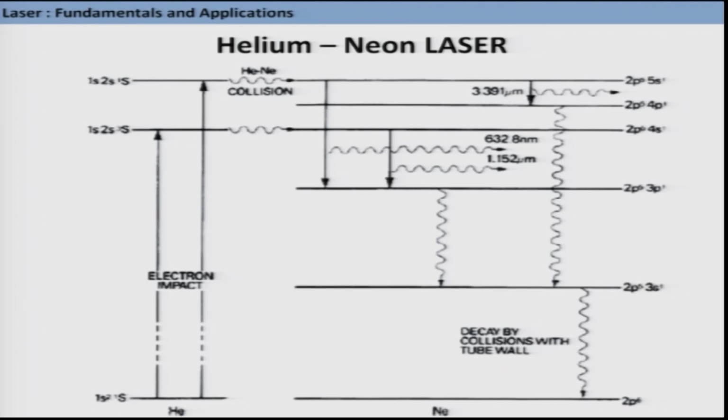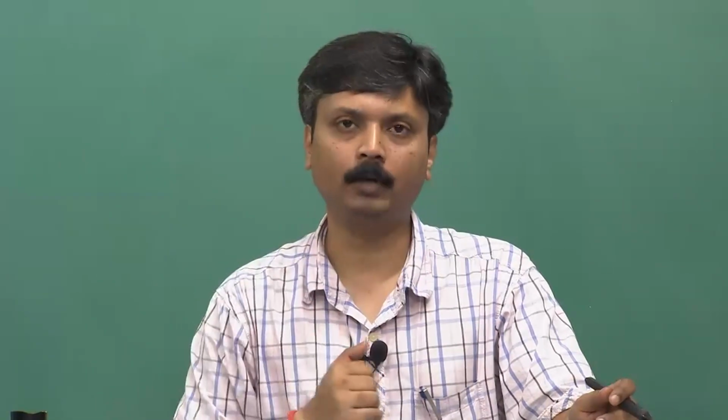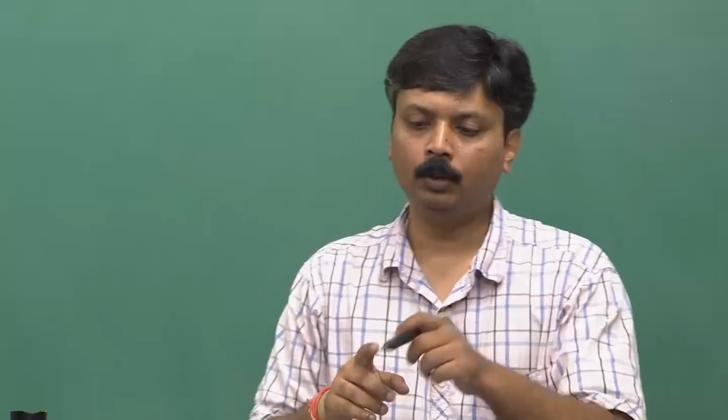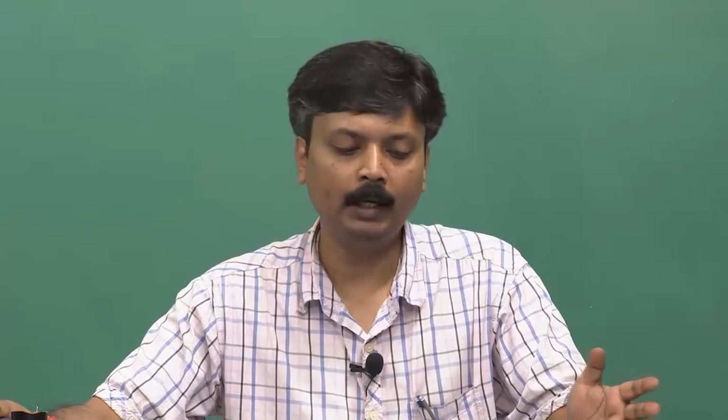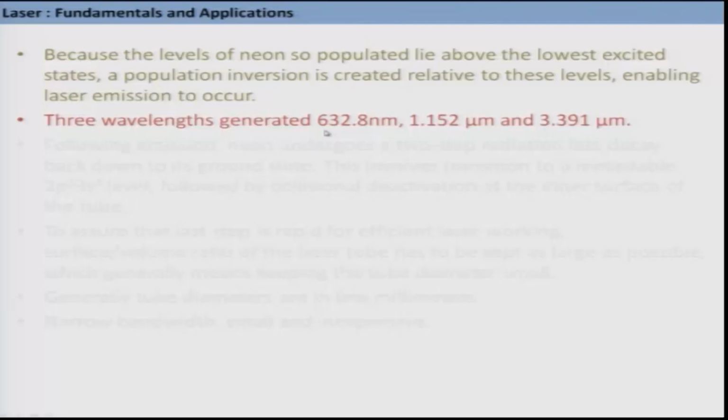Thus you actually create a population inversion within the energy states of the neon atom. These populated energy levels of neon lie above the lowest excited state, and as I said, a population inversion is created with respect to these states, and as a result we can have laser action there.